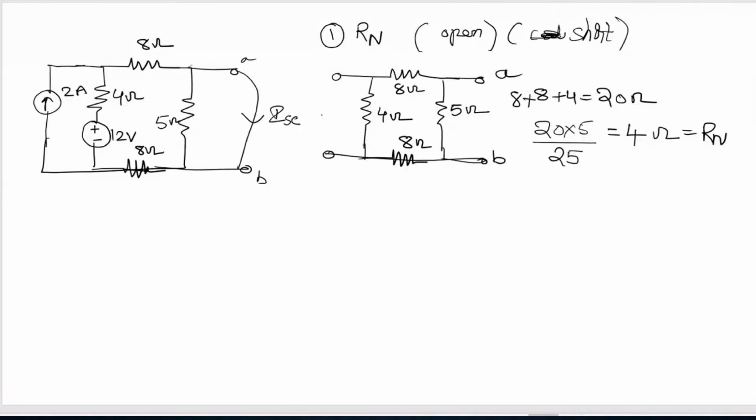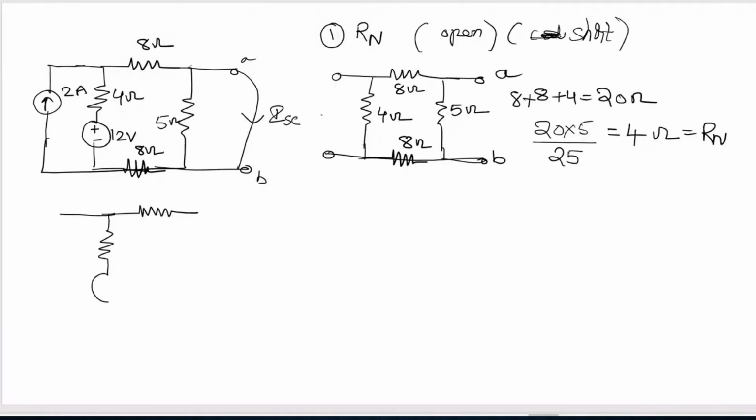Since the short circuit will have very low resistance, no current will flow into the 5 ohms resistance. So this will be your 4 ohms resistance, and this will be your 8 ohms resistance, and this is your 12 volts, and this is your 2 amperes. This 5 ohms is short circuited, so you have to draw like this.